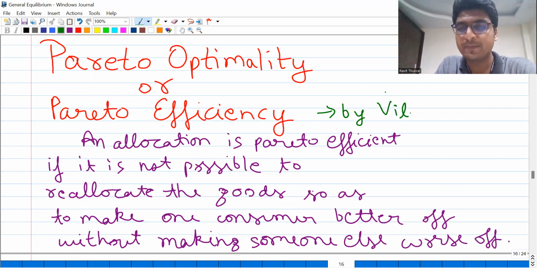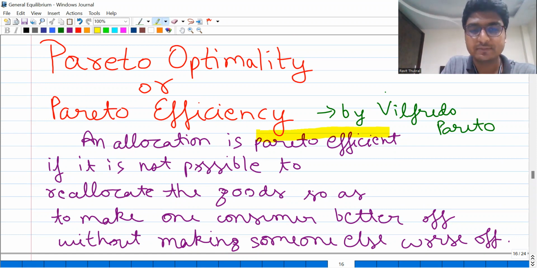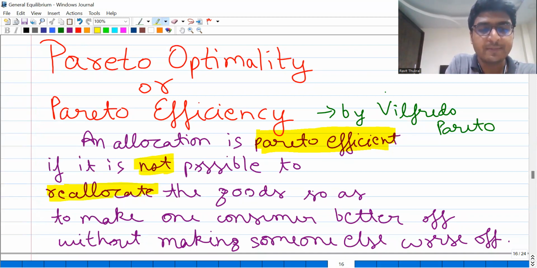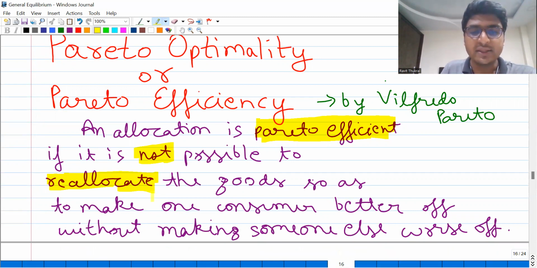Wilfredo Pareto. Okay, so he gave the definition of Pareto efficient allocations, and the definition is that we call any particular allocation Pareto efficient if it is not possible to reallocate the goods so as to make one consumer better off without making someone else worse off. Okay, after reallocation, if you want to make any individual better off, you cannot do it without making someone else worse off.